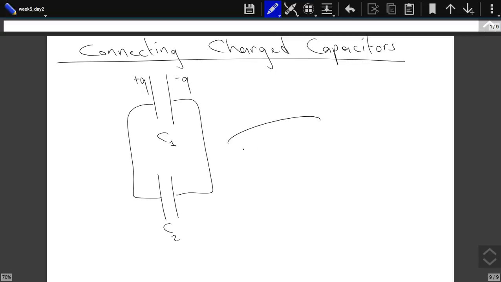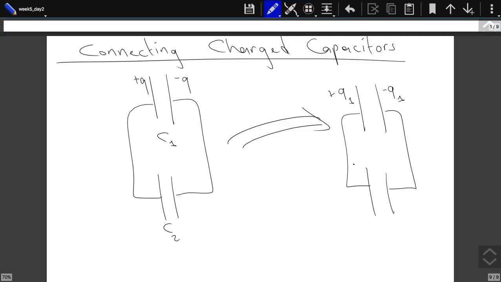eventually you will reach this configuration where here you would have a charge Q1, here you would have a charge minus Q1, and here you will have a charge plus Q2 and a minus Q2. So this will be the configuration, the distribution of the charges that you will obtain eventually. And since a conductor is an equipotential surface, every point on this plate and on this wire are at the same potential.